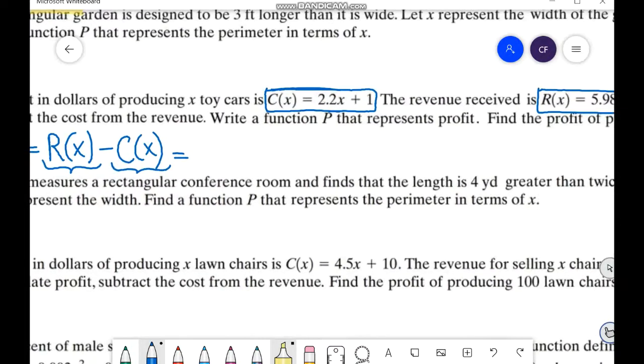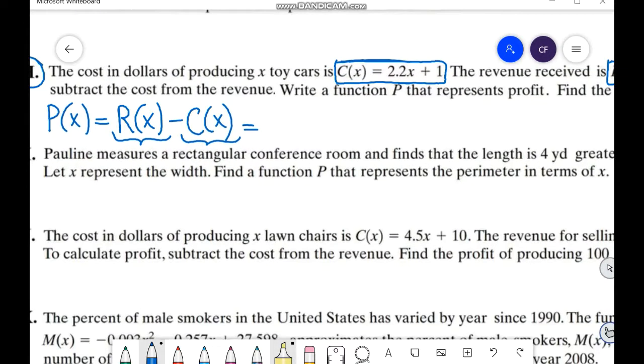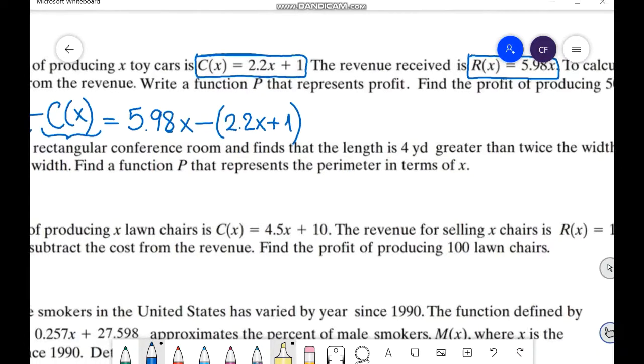5.98x minus 2.2x plus 1. Okay? Check this out. This is a subtraction of polynomials. Remember?